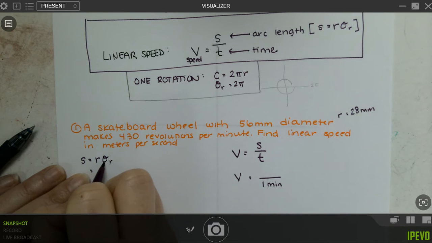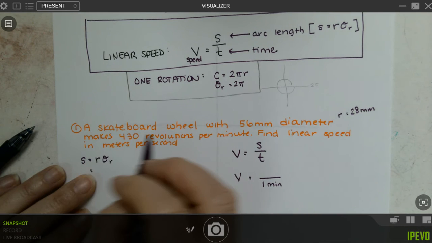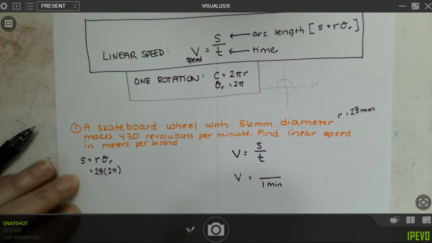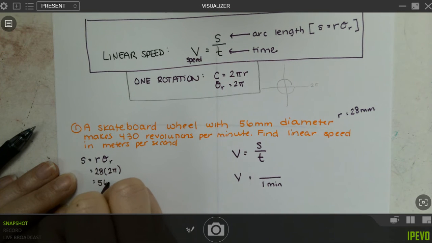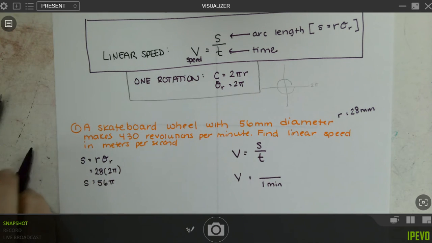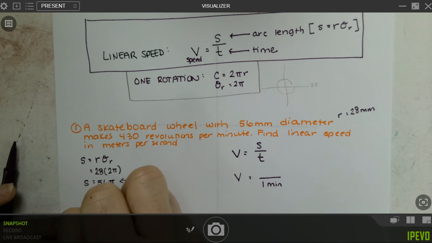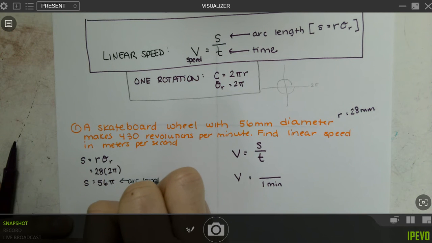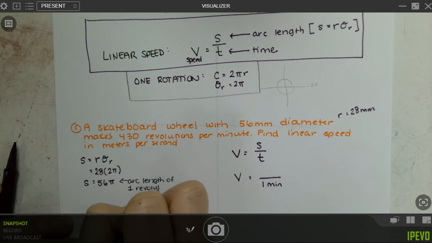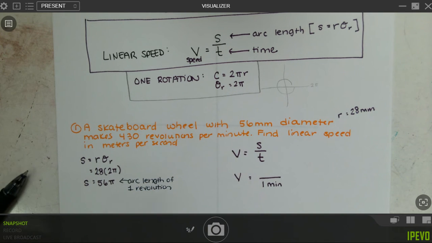And it makes 430 revolutions. Each revolution is 2 pi. So 56 pi is the arc length of 1 revolution. So let's write that down. But how many revolutions do we have?